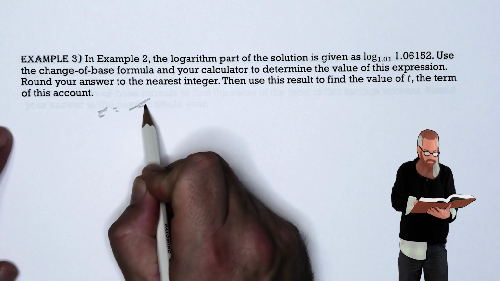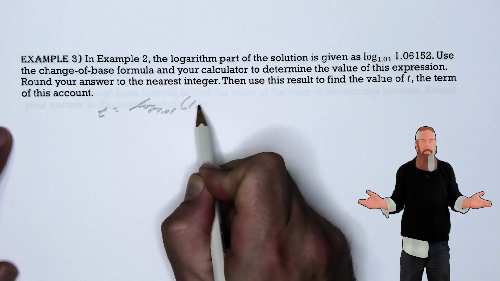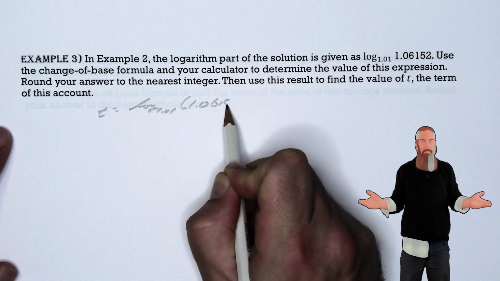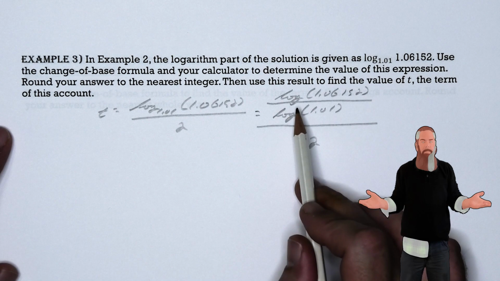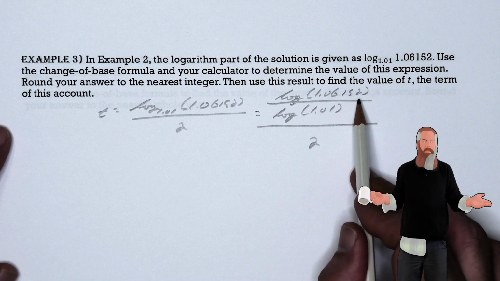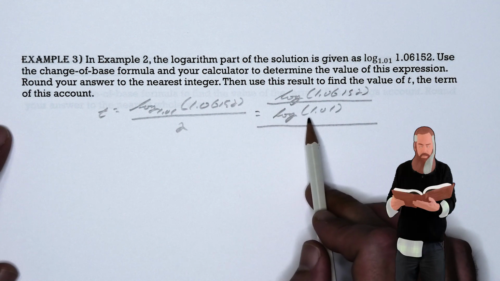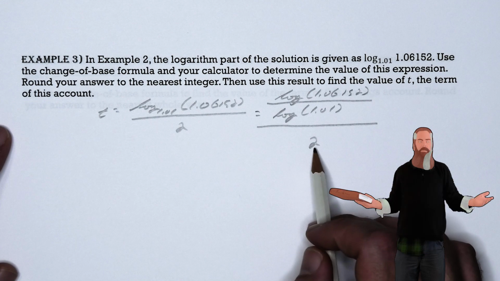So t would be equal to the log base 1.01 of 1.06152 divided by 2. This means we would have log of 1.06152 divided by log of 1.01, all over 2.